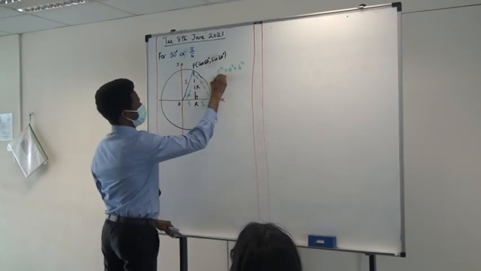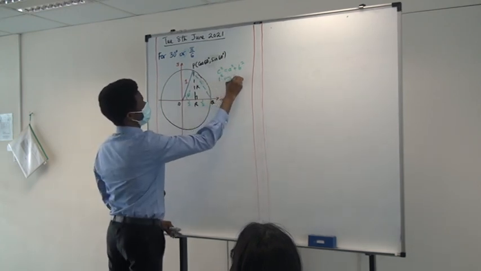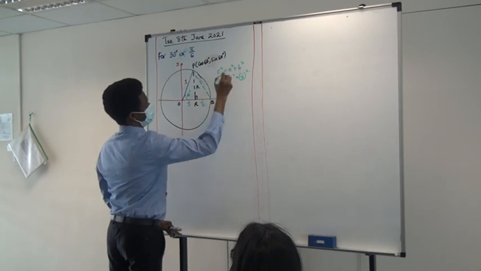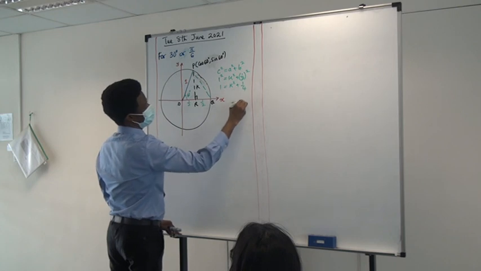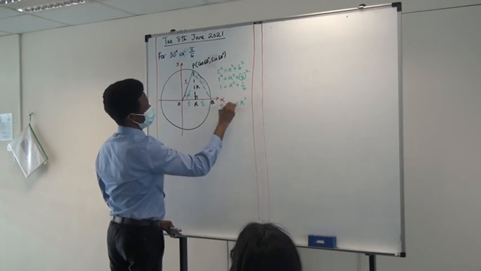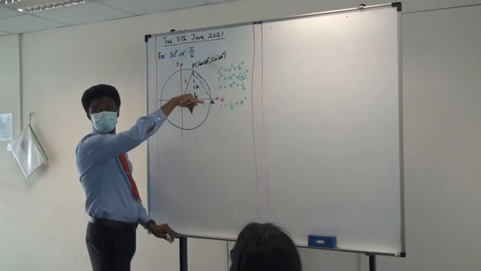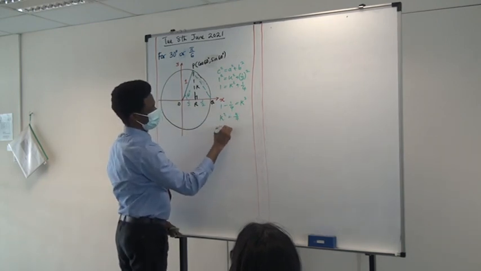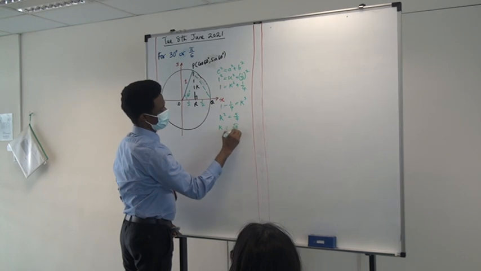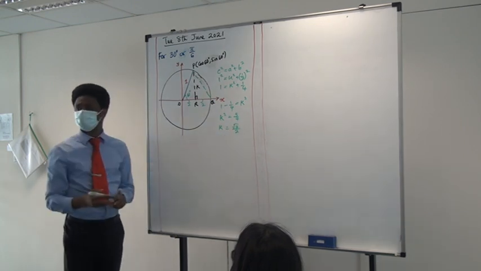The hypotenuse is 1, opposite is maybe k, adjacent is 1 over 2. So 1 is equal to k squared plus 1 over 4, which means k squared is equal to 1 minus 1 over 4. So k squared is equal to 3 over 4. Then k is the square root of 3 over 2.